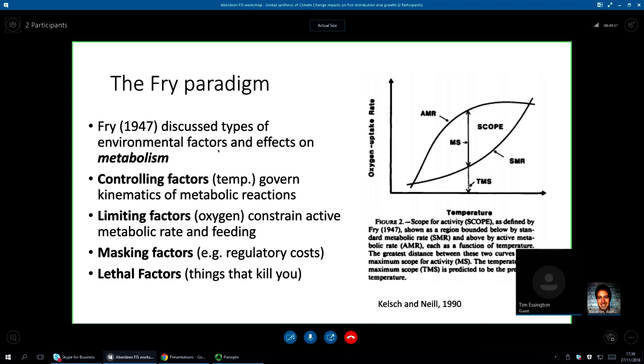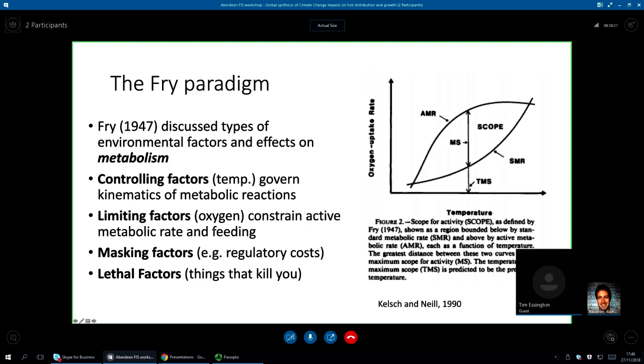Temperature is basically a measure of heat. Heat governs the rate at which metabolic reactions happen. That's going to govern both the standard metabolic rate, the cost of keeping the organism alive, and also the active metabolic rate, how much it can actually do. And then the growth rate is probably going to reflect those metabolic rates because it reflects the ability to acquire energy.